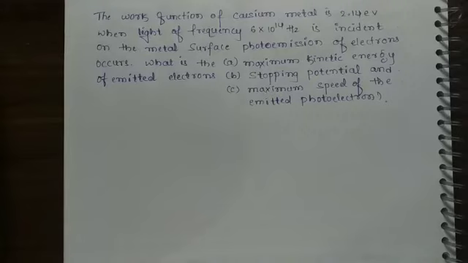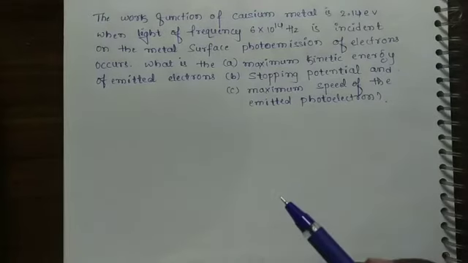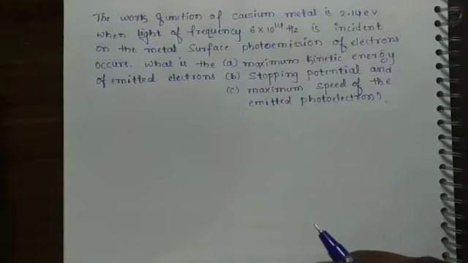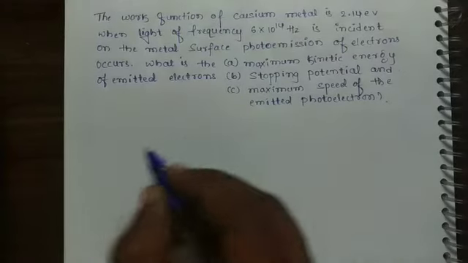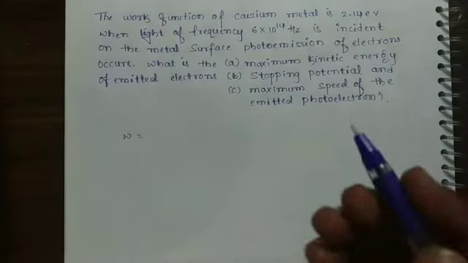Second one, the stopping potential, and the third one, the maximum speed of the emitted photoelectrons. Okay, dear students, in this problem, the work function of a cesium metal is 2.14 electron volt, already given.